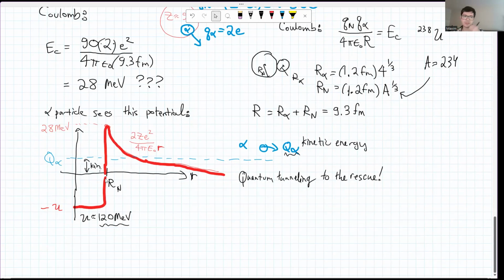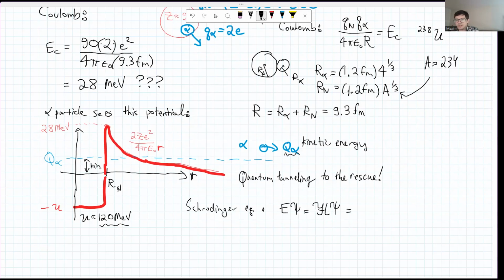But that is not what happens because of quantum mechanics. And how do we see that? Well, we have to go back to the Schrodinger equation a bit. I'm only going to be able to do this schematically, but remember the Schrodinger equation tells us that the energy of a particle times the wave function is equal to the operator, the Hamiltonian, acting on the wave function.